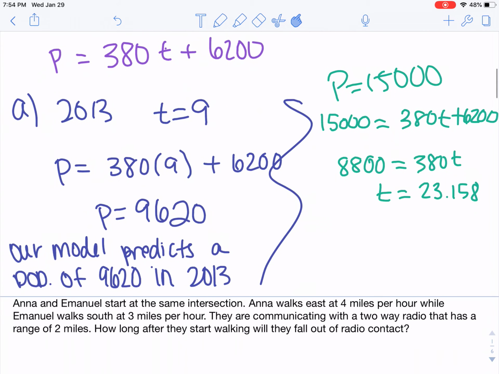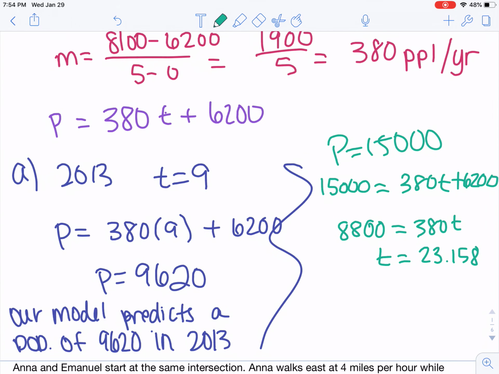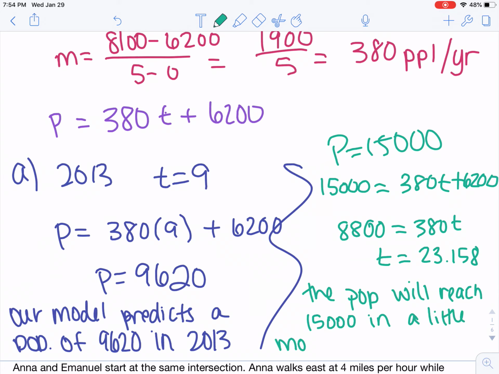And since we're not going to be super particular about it, we're just going to say the population will reach 15,000 in a little more than 23 years from 2004.